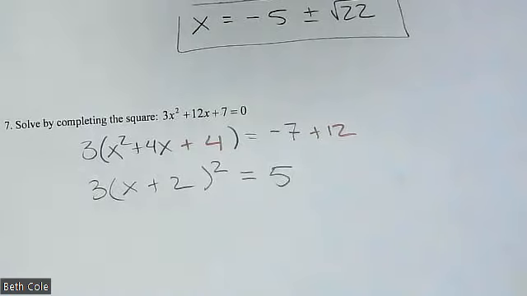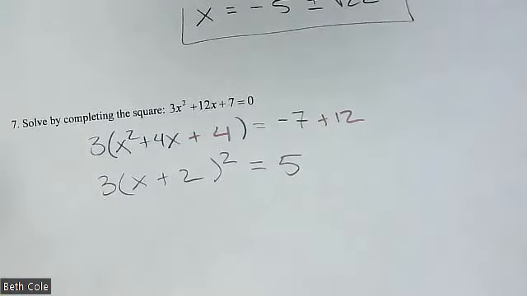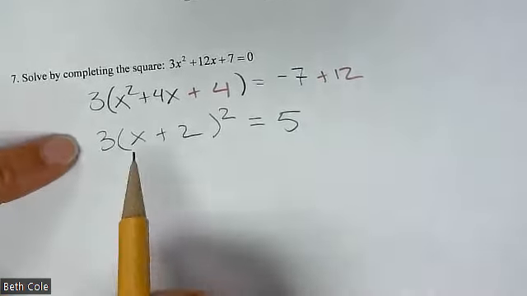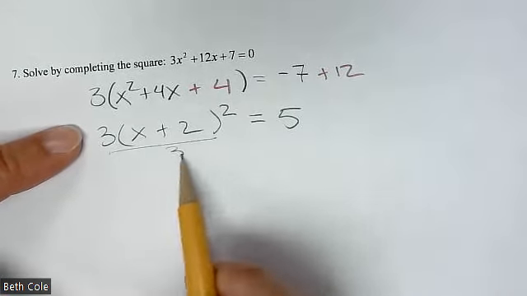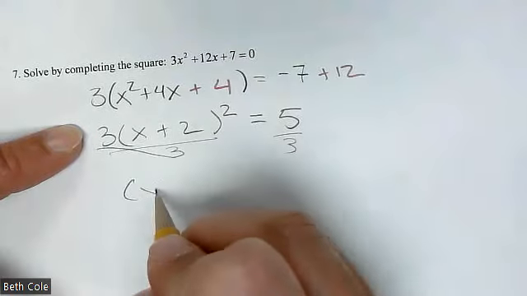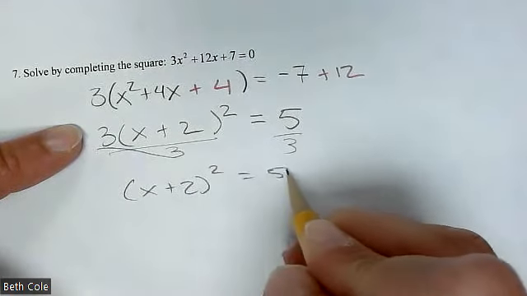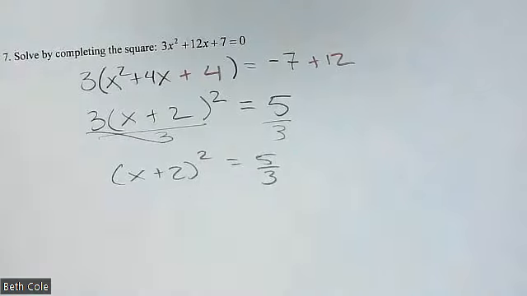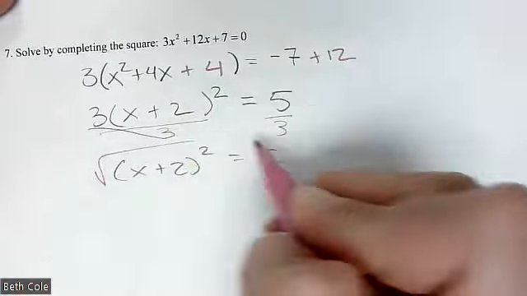And then I just have a couple more steps to finish it up. Again, that's where we stopped last time. We're going to just keep going. Can you just make sure your answer's right? What would you do to both sides? All right, divide by 3. So you're just going to leave it as 5 over 3. And then square root.